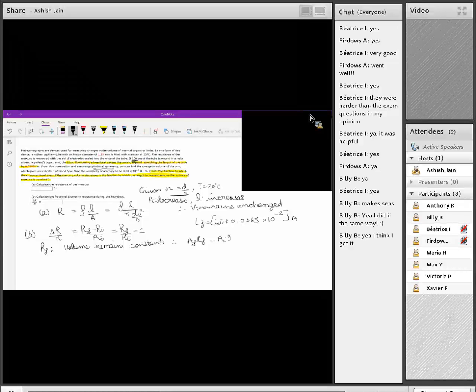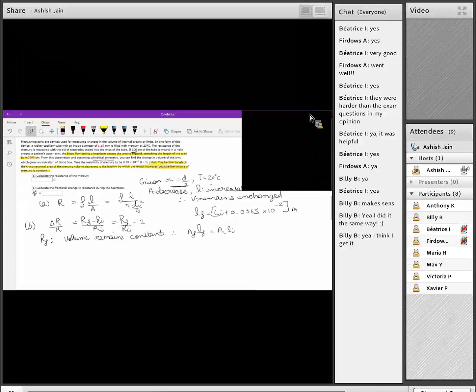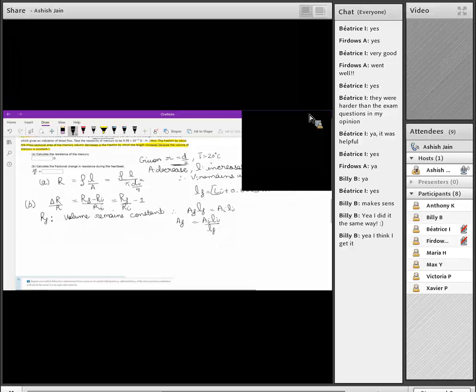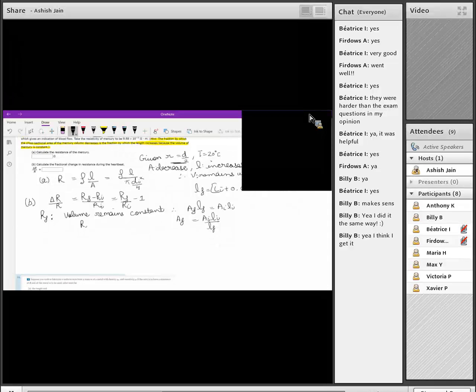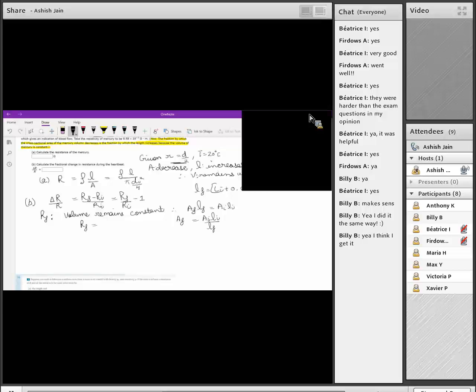Equals AI into LI. That should be smaller. So AF can be written as... Now you must be wondering why I'm doing this: because I need to find the final resistance.